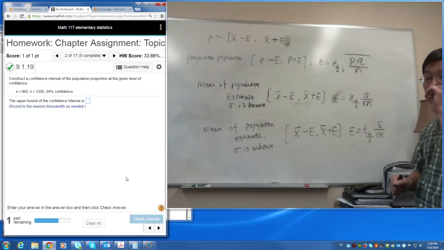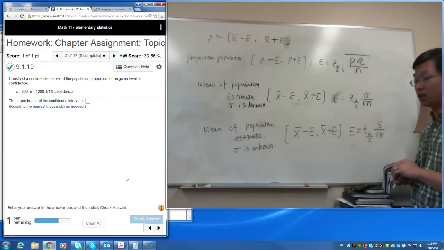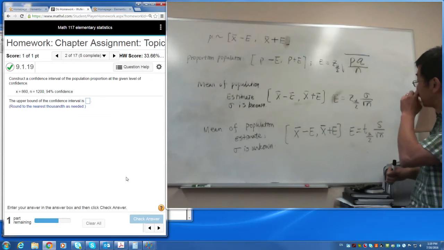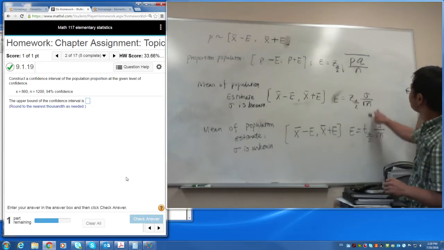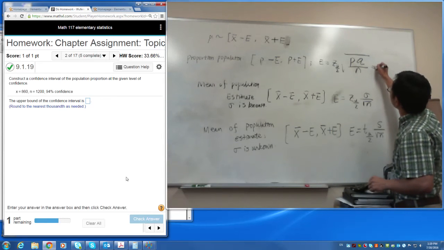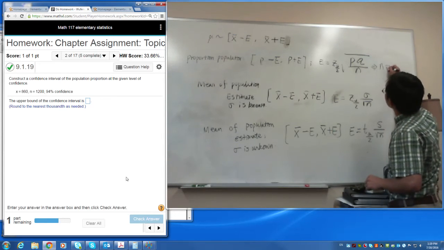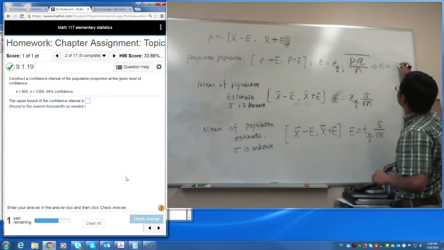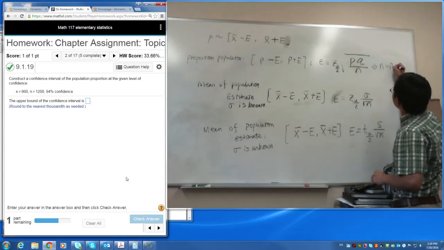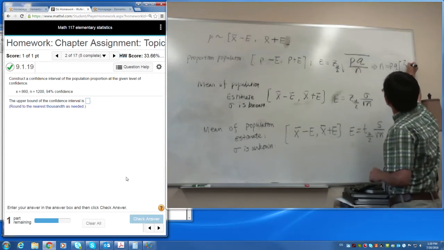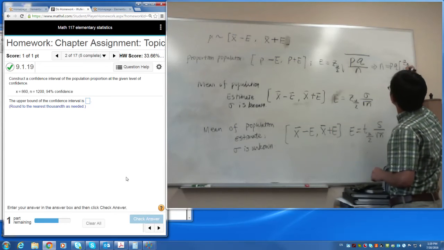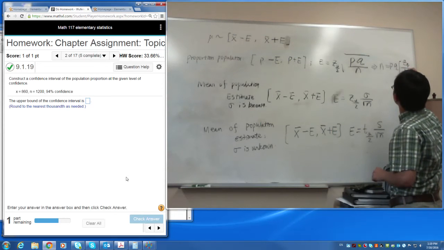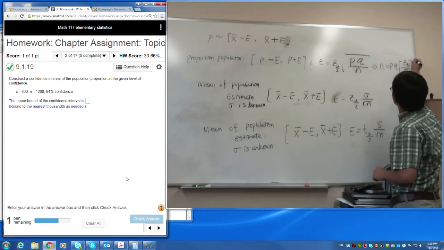You will also get involved with several other formulas for the sample size. From the first formula, you can get the sample size by solving for n. Square both sides and divide, and you get n equals PQ times Z alpha over 2 over E, squared.